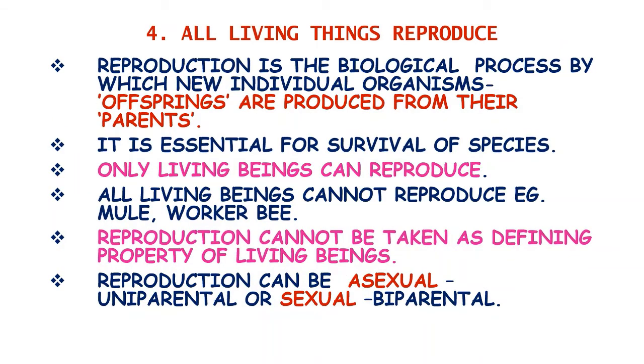Coming on to the fourth property of living beings, all living things can reproduce. Reproduction is a process in which new individuals or offspring are produced by their parents and they are similar to their parents.